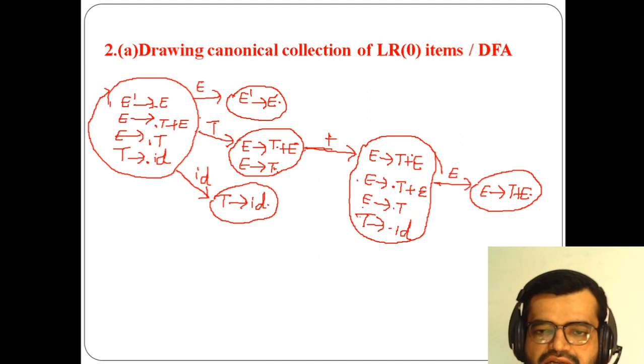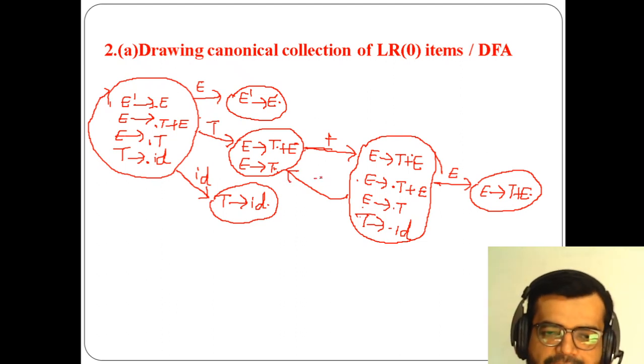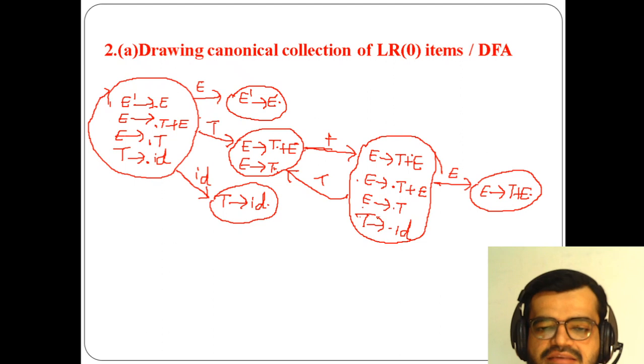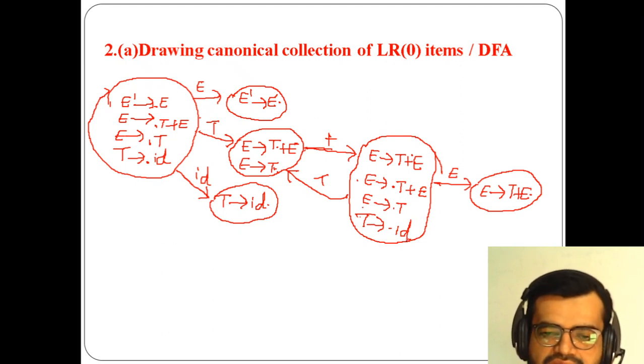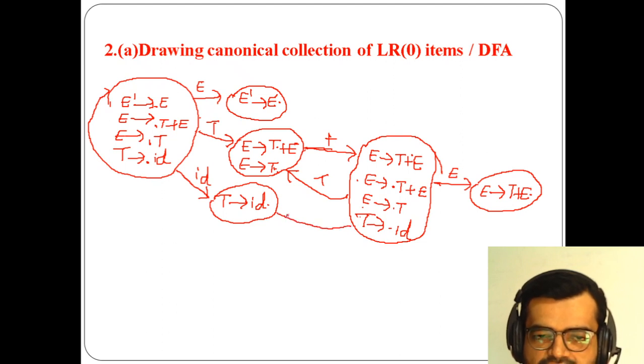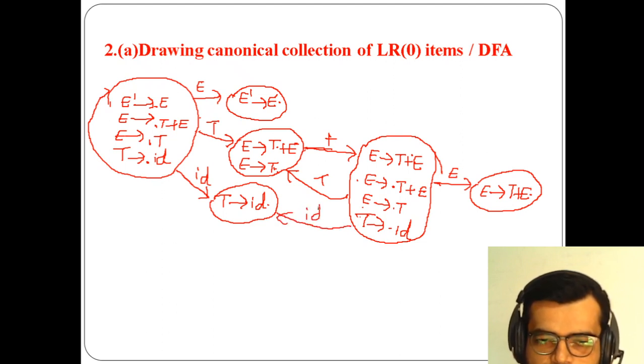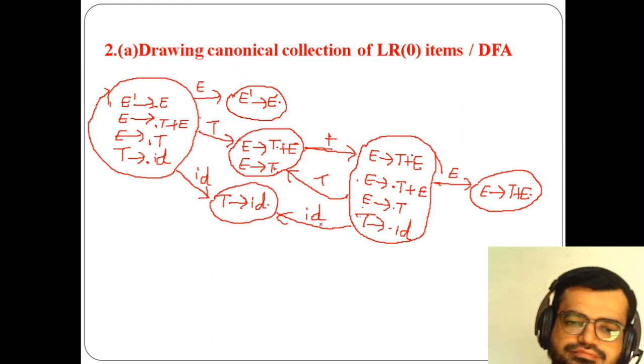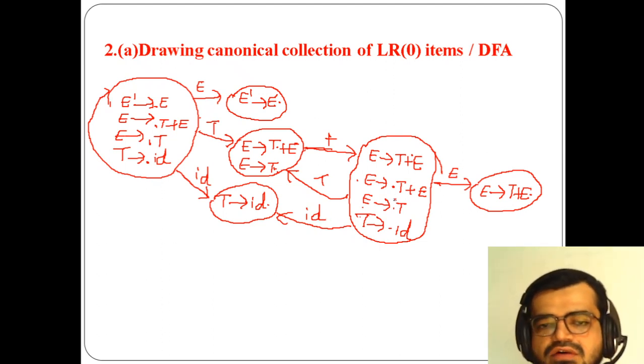Because E of T dot plus E and E of T dot, so this is the same state. So instead of writing a separate state, I can use this state for this purpose. So that is what happens when I'm moving T. Similarly, in the last production, if I'm moving the dot after ID, it becomes T of ID dot. So that is already here, right? So here I'm writing ID.